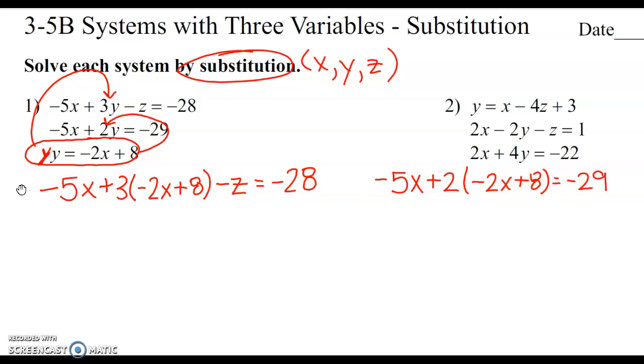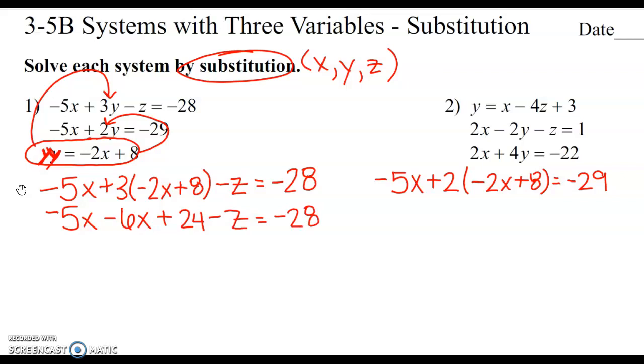So the first step is to solve one of the equations for one of the variables. That third equation was already solved for y, so I went with it. And then I'm substituting into the other 2 equations what y was equal to. So now I'm going to simplify here. I've got negative 5x minus 6x plus 24 minus z equals negative 28.